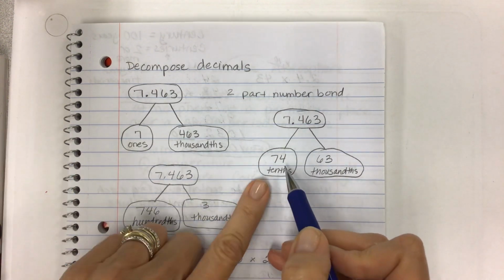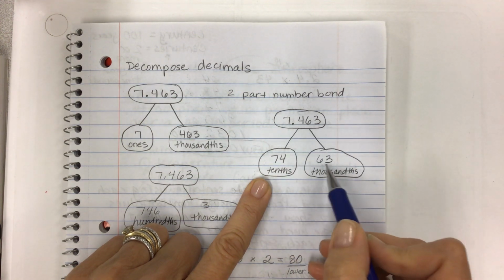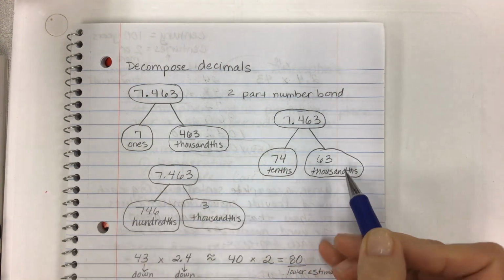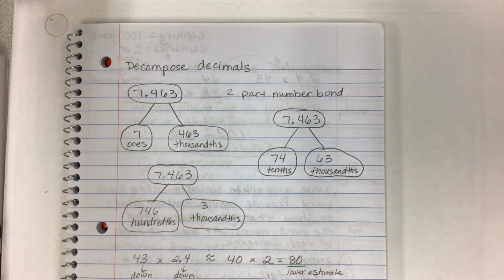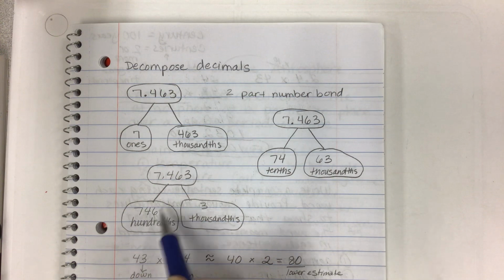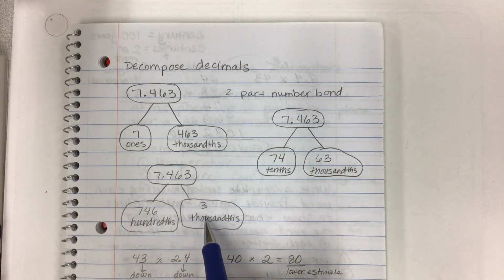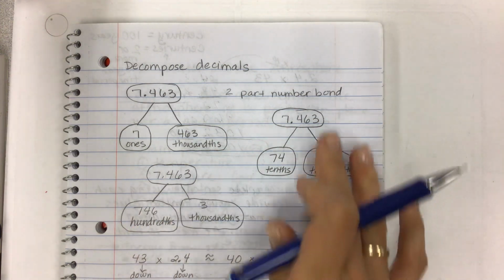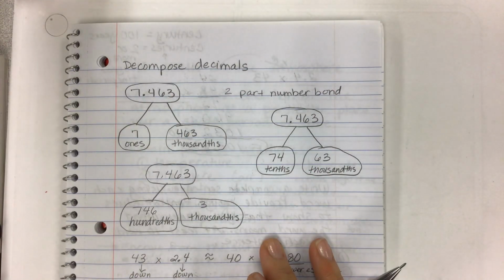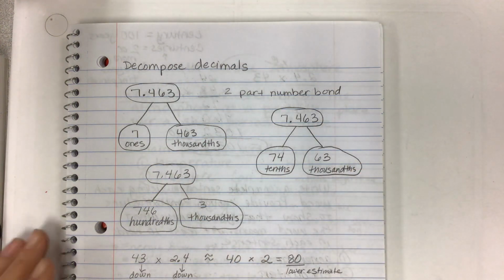Or I could call this 74 tenths and 63 thousandths. So you can break these numbers in different ways. I could take this same number and call it 746 hundredths, ending here, with 3 thousandths. So this is an important idea here, that you can decompose numbers in ways that will help you, okay?